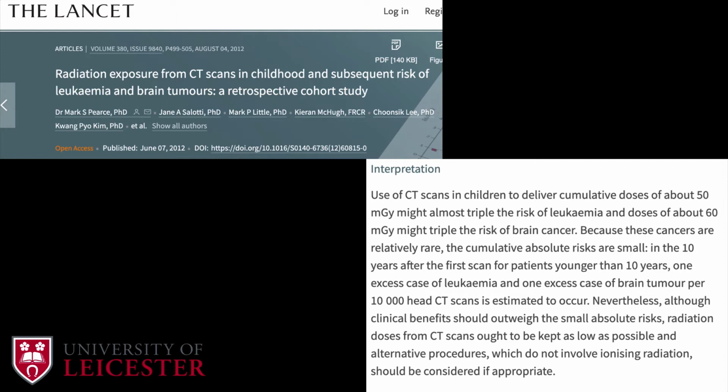If you look at the interpretation of the scan, in 10 years after the first scan for patients younger than 10 years, and we are talking about CT head scans, there is one excess leukemia and one excess brain tumor per 10,000 scans. So some may argue it's not a high risk, but who are we to judge what is a small or a high risk when it comes to someone else's child?